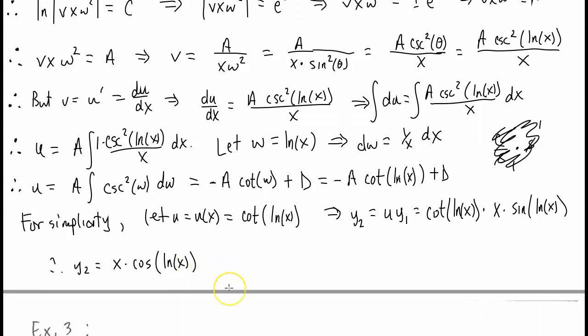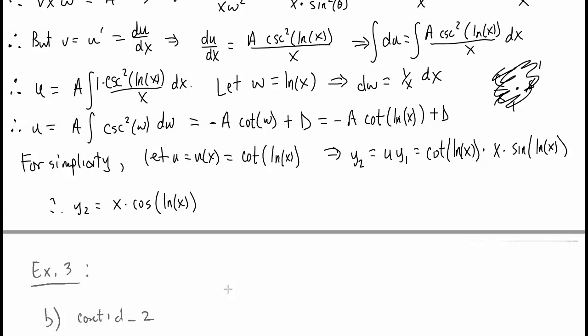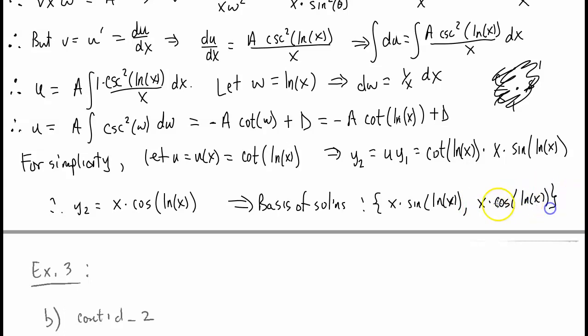Okay. And so in knowing that, our basis of solutions for this differential equation, and I'm going to write it in this form here so that you kind of get used to seeing it, will be x times sine of natural log of x, that is the first one, and x times cosine of natural log of x, this is the second one.